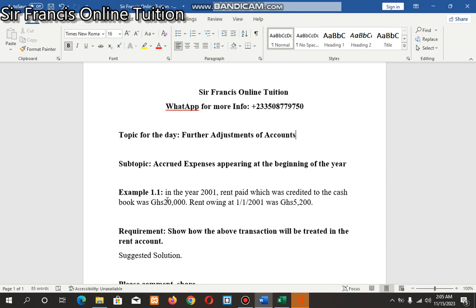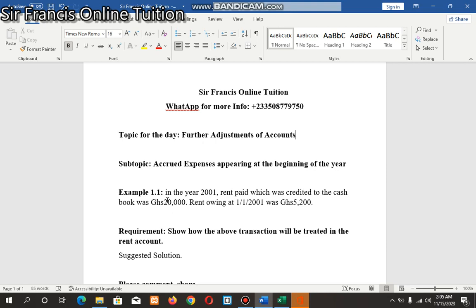And according to the matching concept, all expenses relating to a particular year should be matched against revenue for that year. So you cannot bring, let's say, 2000 expenses into 2001 and say you are going to treat it in 2001 as an expense.